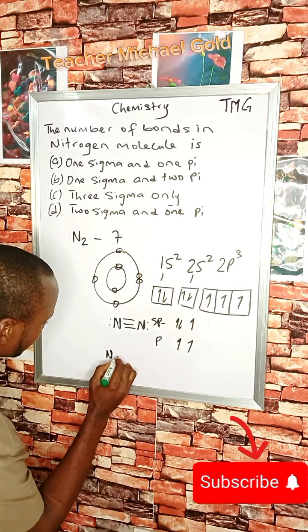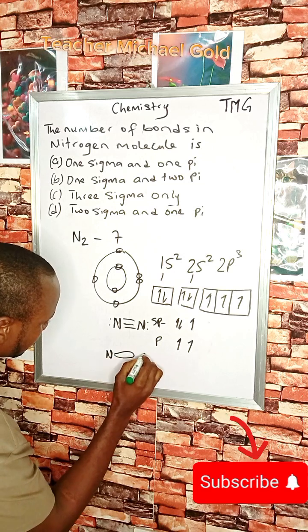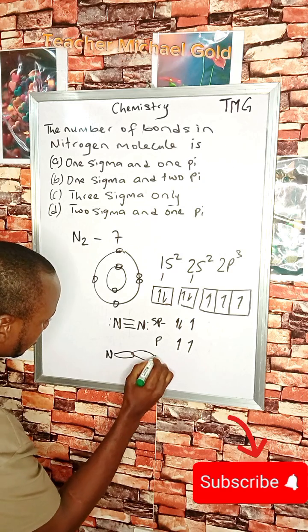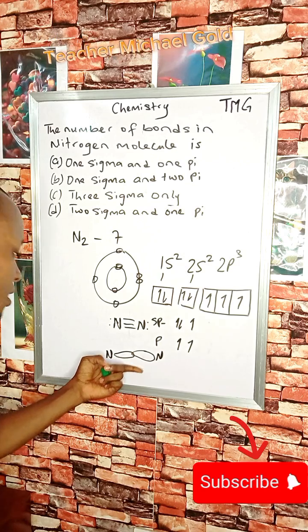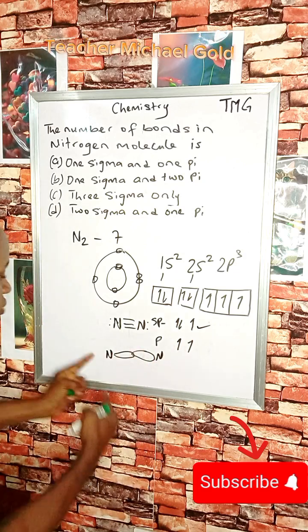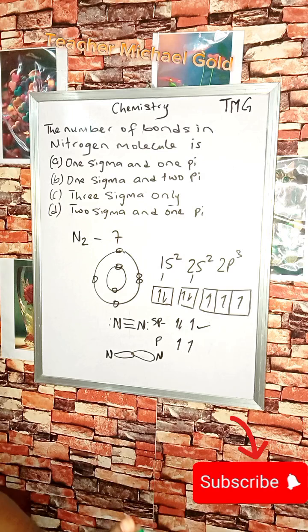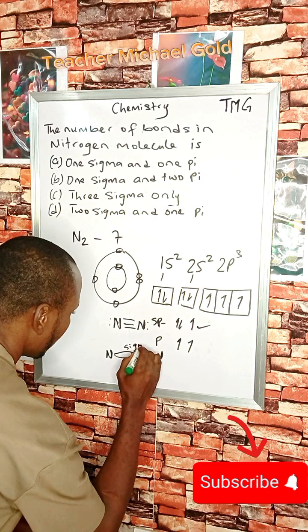So this is how the sigma bond is formed. Now this is side-to-side overlap. One nitrogen brought its own electron, the other brought its own electron, and they form the overlap. So this is a sigma bond.